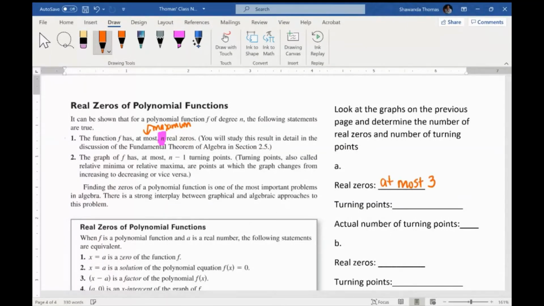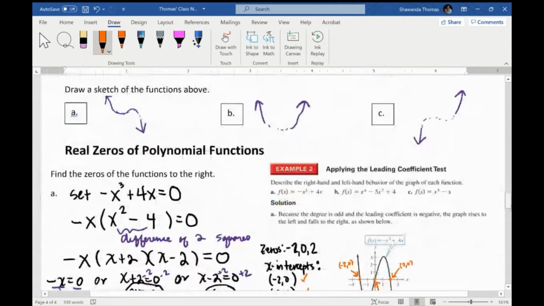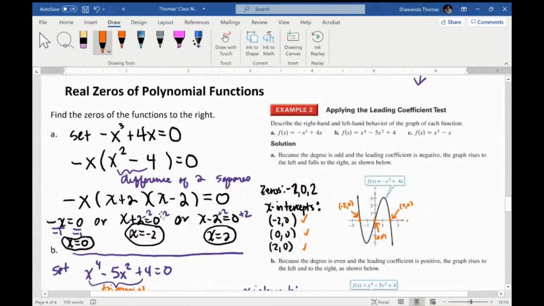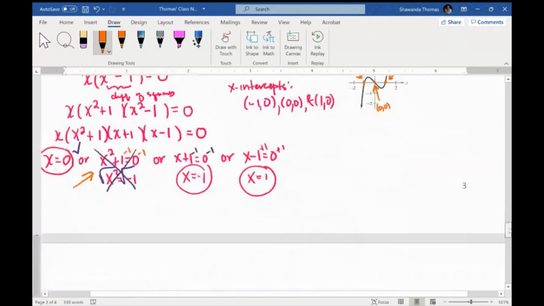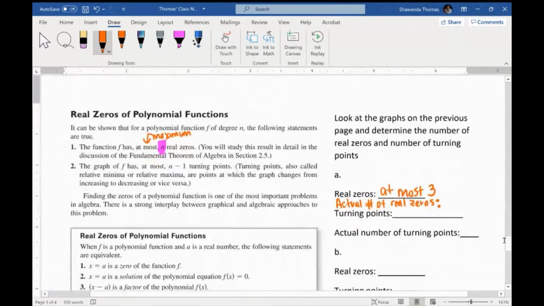But now we figure out the actual number of real zeros. How many did we really get for A? We actually found 3, right here. So it just happens to be the same thing. Normally it will, but it's not always going to be that.